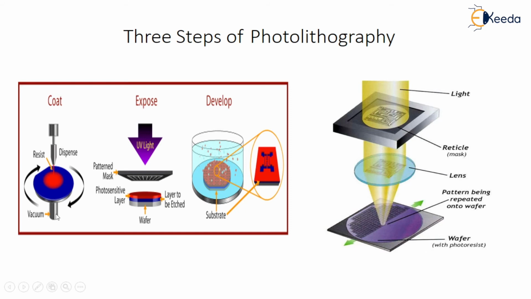As shown, there is a vacuum table that goes downward and rotates 360 degrees, while the exposure system has UV light and a pattern mask, with the photosensitive layer on the wafer. Then the substrate is dipped into a solution for development, and it creates the particular model defined in the mask.